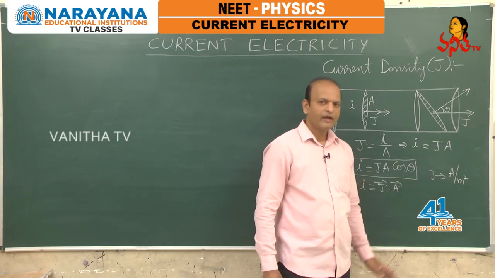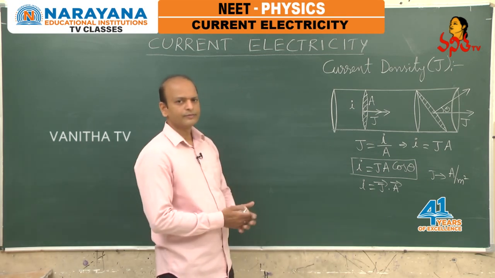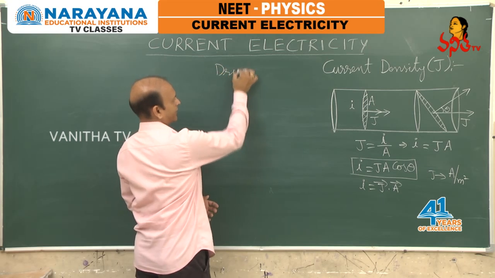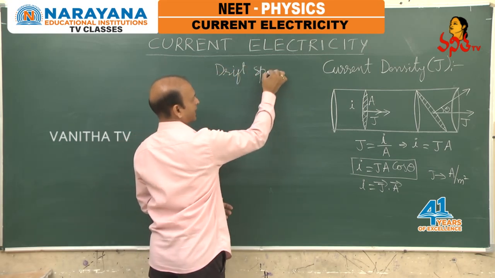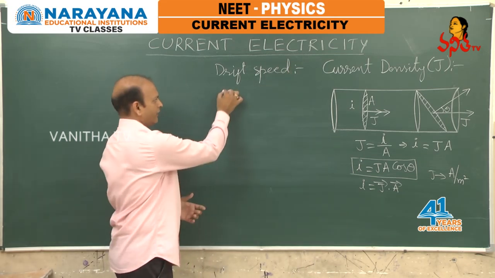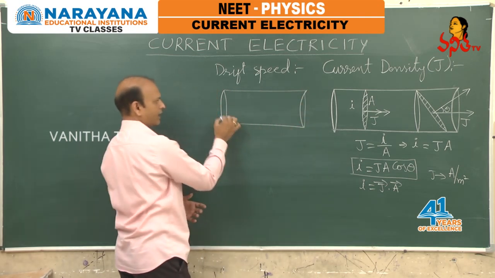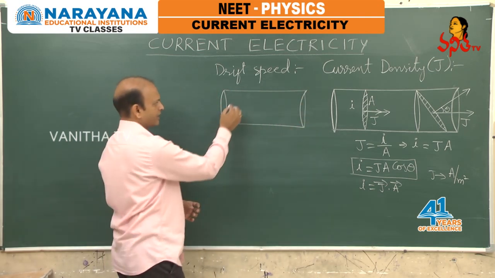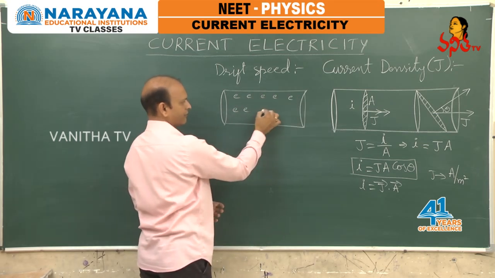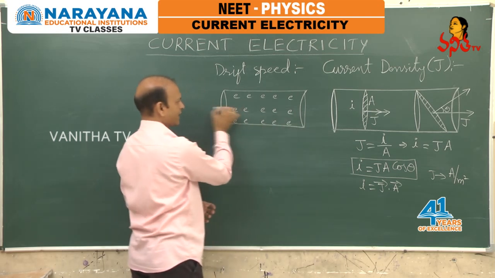Okay. And here another important term we will be having, that is called drift speed. When we take any conductor, in this conductor there will be many free electrons, which are responsible for the current.